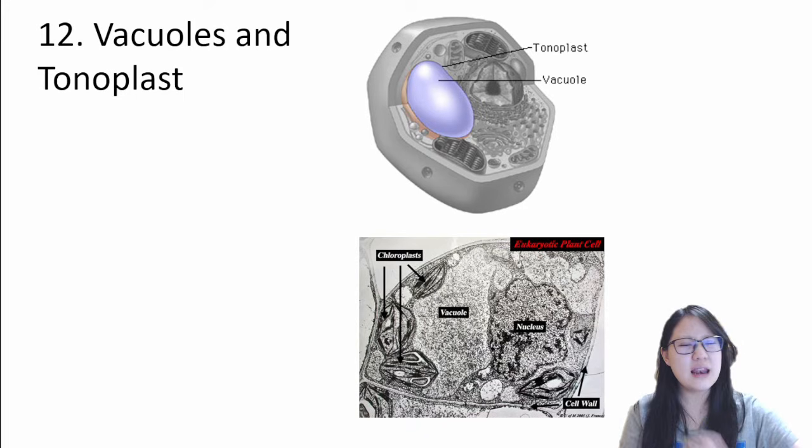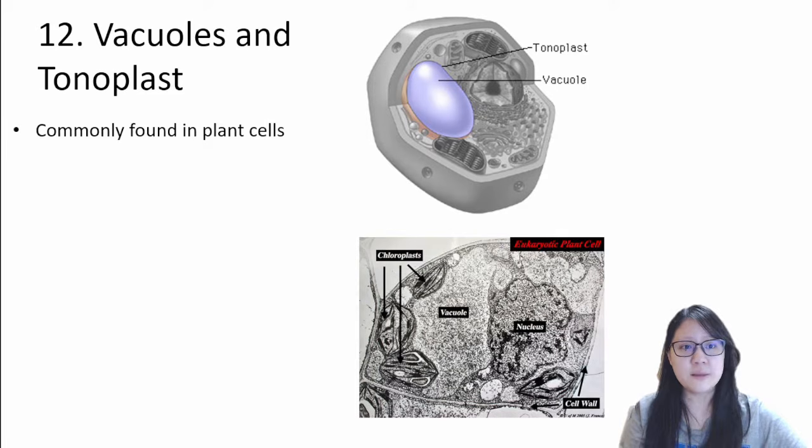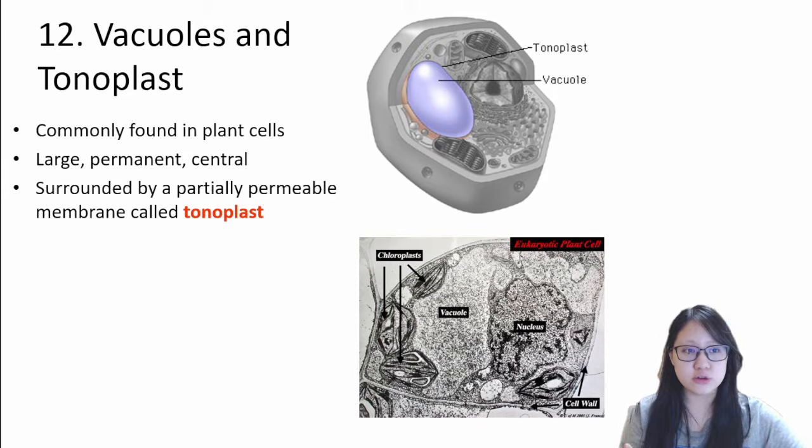Now, we talked a little bit about vacuoles when we talked about Golgi and how it also facilitates the formation of small vacuoles. However, the vacuoles in animal cells are small and temporary. Vacuoles in plant cells are large, permanent, and central.